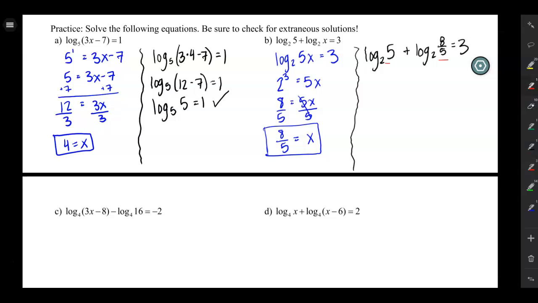So I can stop right here and say x equals 8 over 5. That is a valid solution. Now it's not a bad idea to think about continuing to evaluate these logs, condense them, and simplify them, just to make sure that 8/5 is a correct answer. So we know it's not an extraneous solution, but if you want to make sure that you didn't make a mistake earlier on, it might be a good idea to actually finish evaluating that.